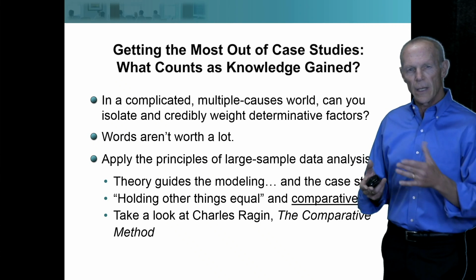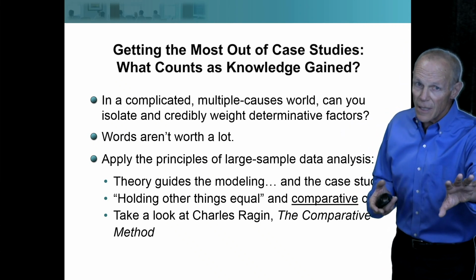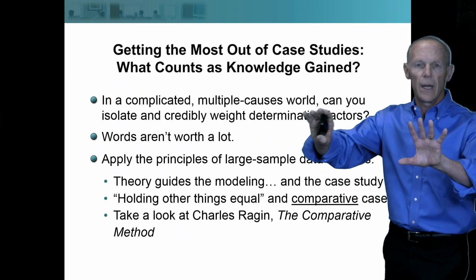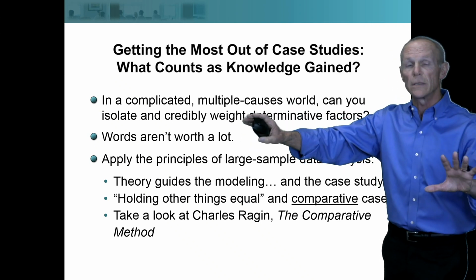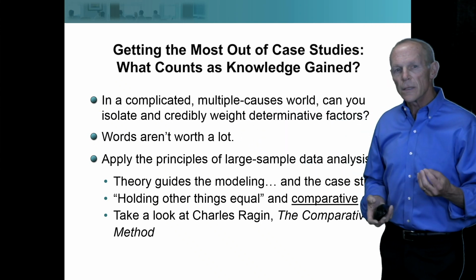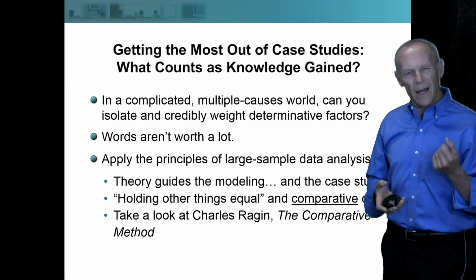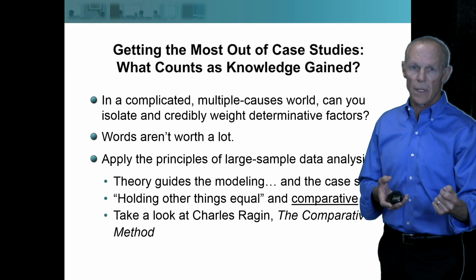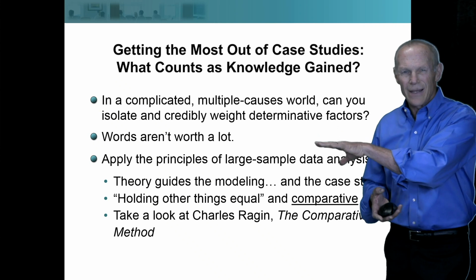And he talks about how to take these case studies and isolate what you can honestly say out of the case by holding other things constant when you have case A and case B, or case A, B, and C, or many cases. So the challenge is to try to isolate those causal factors that allow you to say, this factor is really important to the success of the program. But these other factors might be, but I can't isolate them.